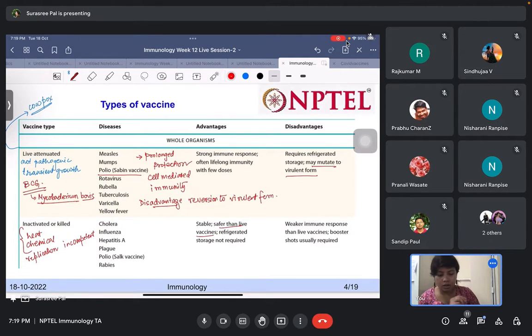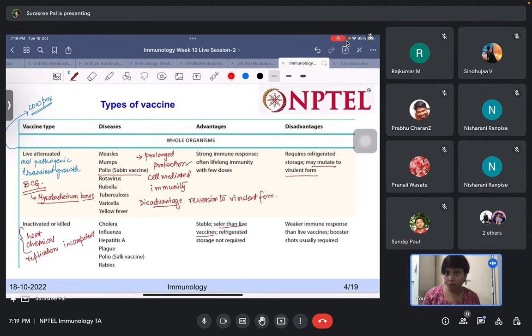Also remember one thing: since we are treating these pathogens with heat or chemical, we have to remember that there are epitopes on this pathogen which are recognized by our immune system. Since we are using this as a vaccine, our immune system has to recognize these epitopes as in the real pathogen, so that it will be primed for subsequent exposure.